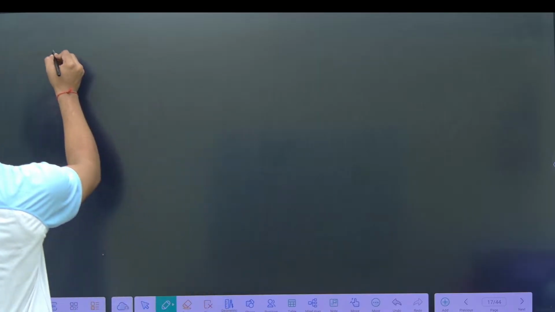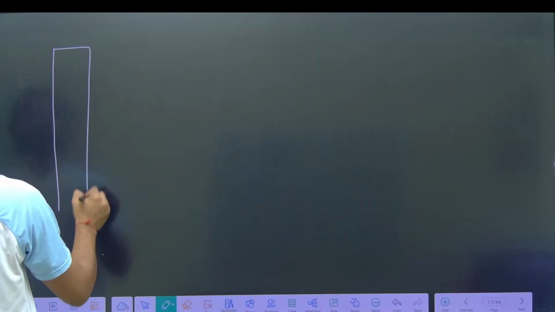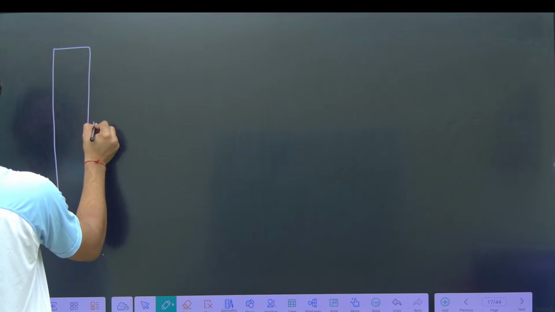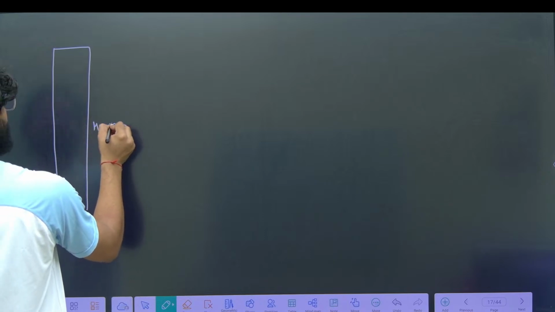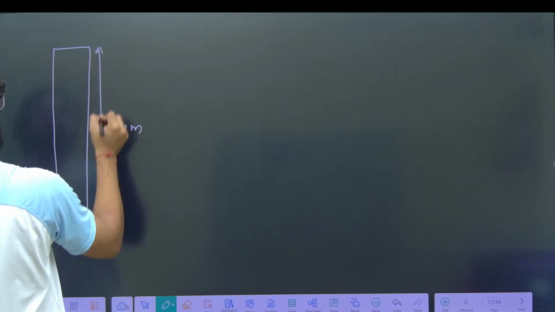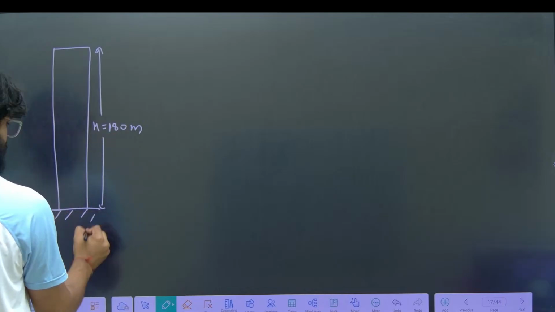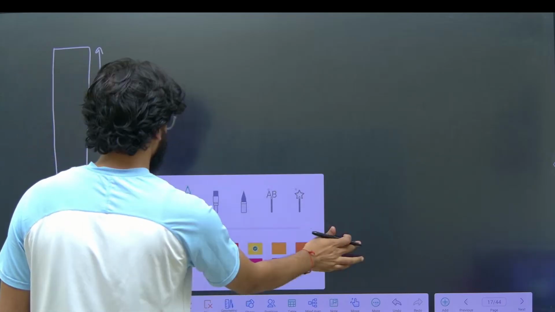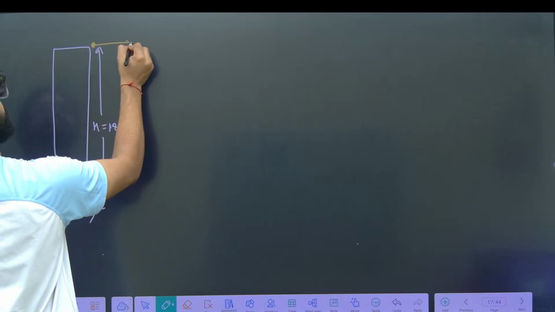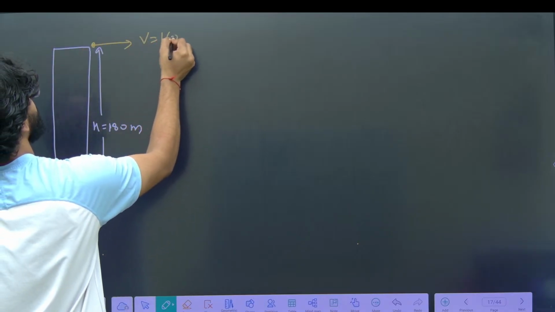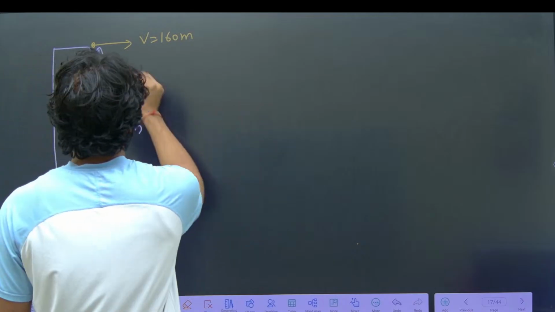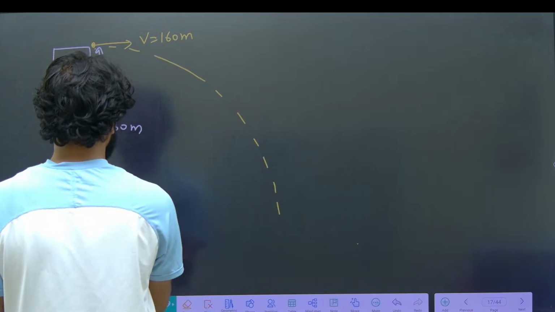So this is nothing but tower problem whose height over here is 180 meter and velocity over here is 160 meter per second.